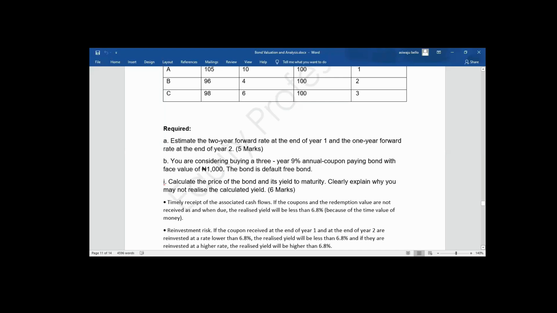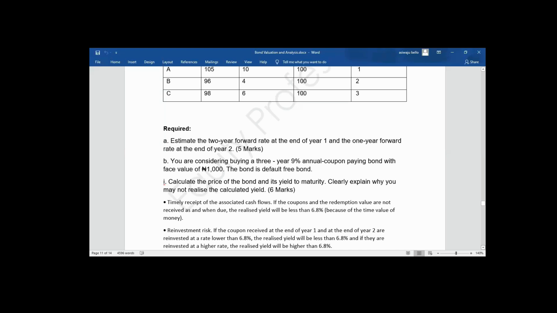What is the price of a bond? The price of a bond is the present value of the future cash flows associated with the bond.